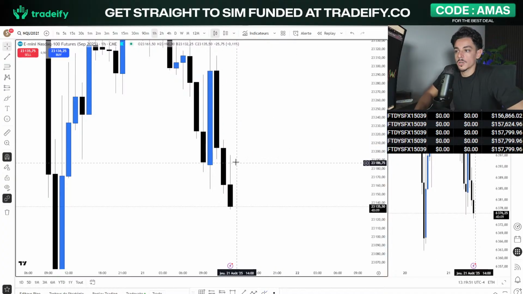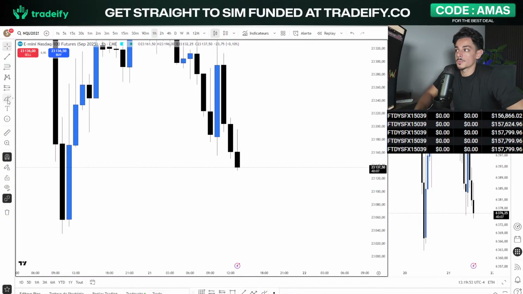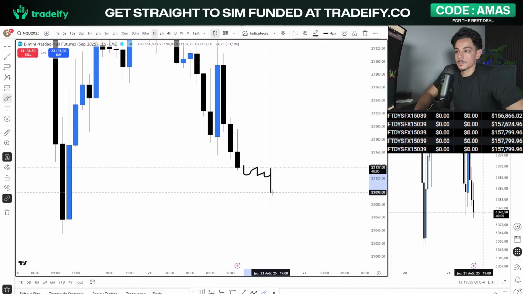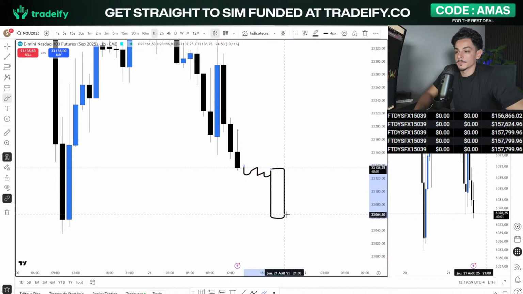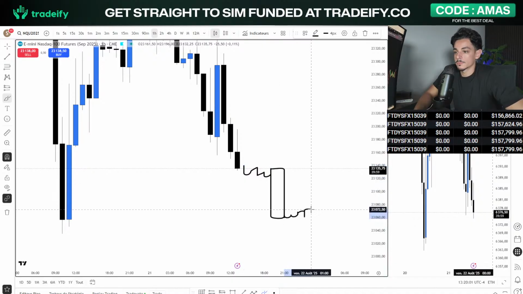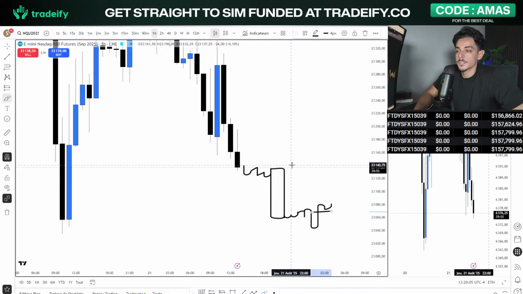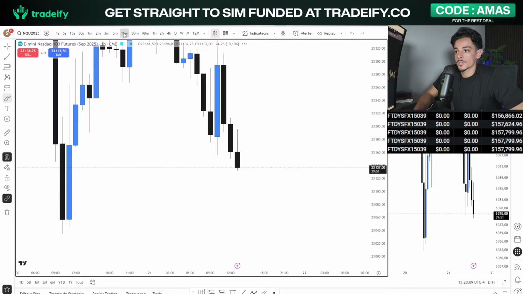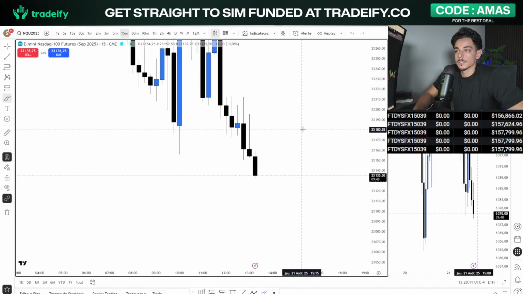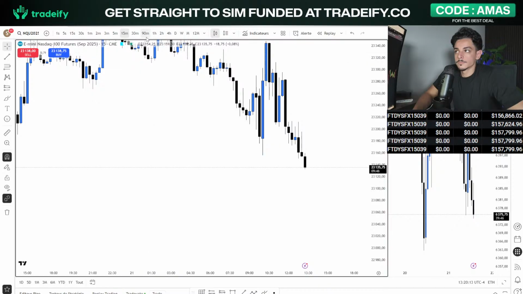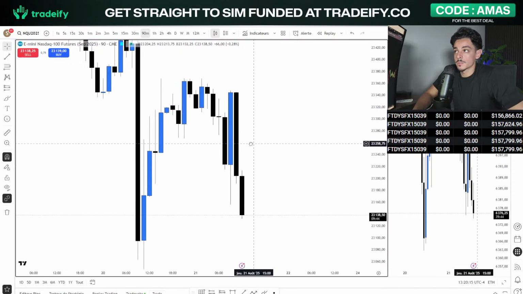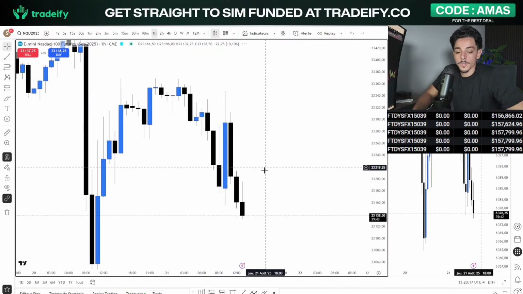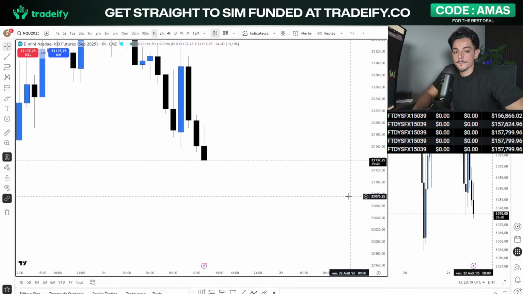I would like to see price either creating a big bearish candle like this, and see if we can start sweeping the previous candle's low and start trading above the opening price to see a nice move to the upside. I want to see more structure form, basically. When the previous range is small, it's hard for me to find a trade. Really, really hard.